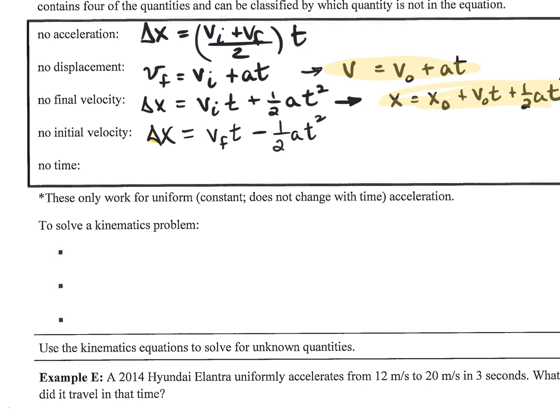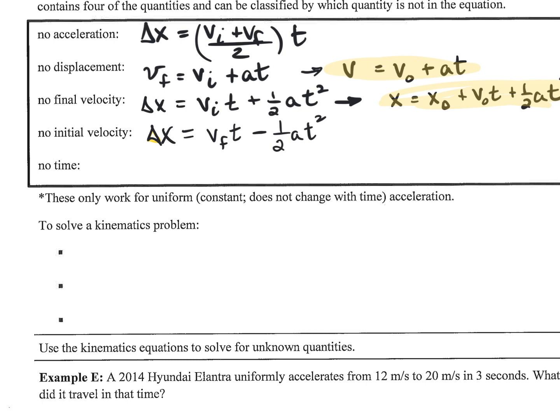Do you see why, if we use the final velocity, this one's not on your formula sheet, but does it make sense to you? If we know how fast we were at the end, and we subtract away how much we accelerated, wouldn't that give us how fast we were going in the beginning? That would give us our position. So since it was V final t, we did minus 1/2 AT squared.